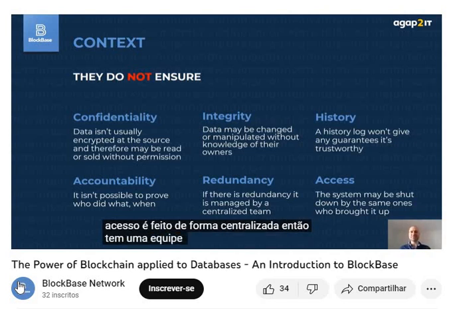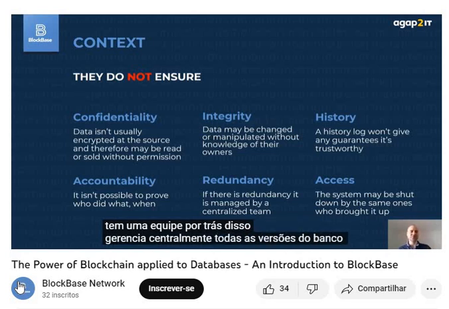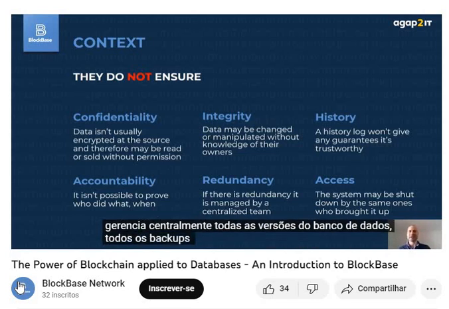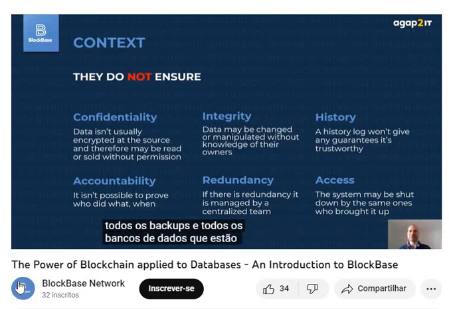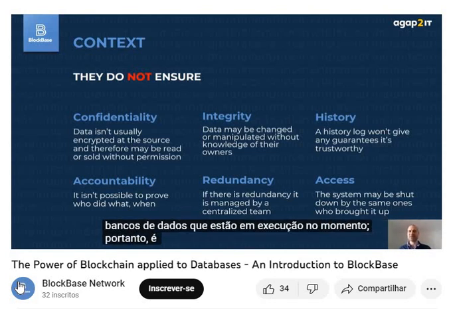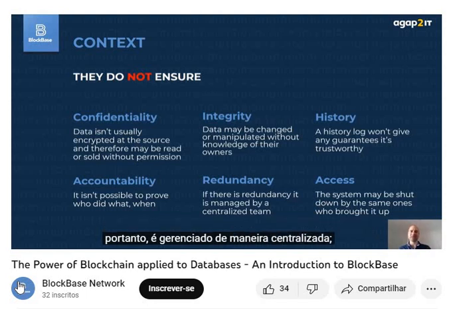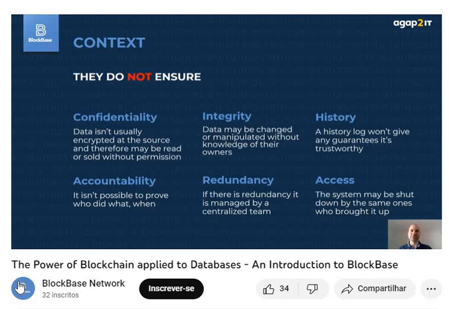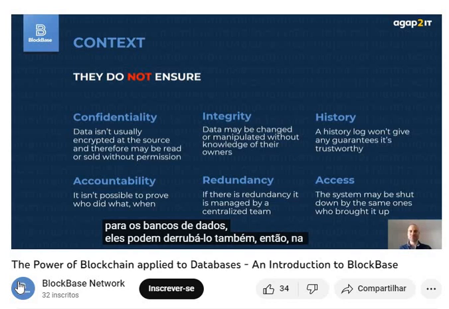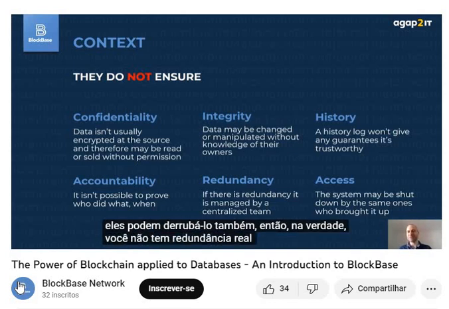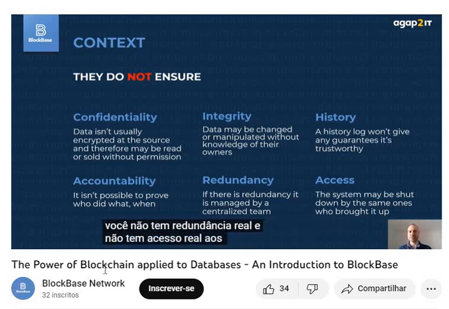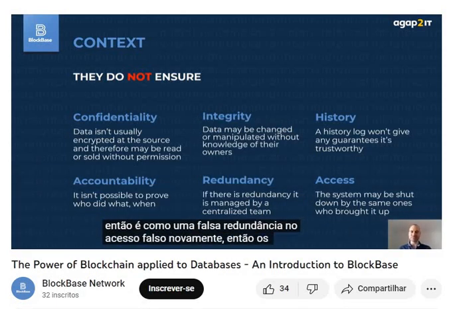There's a team behind it that centrally manages all the versions of the database, all the backups and all the databases that are currently running. So those guys that manage the database, that built the redundancy and the access for the databases, can bring it down too. So in fact, you don't have real redundancy and you don't have real access to the data. It's like a fake redundancy and fake access again.